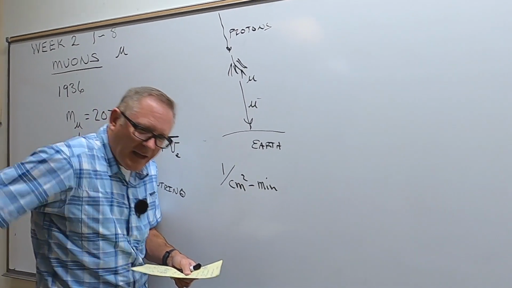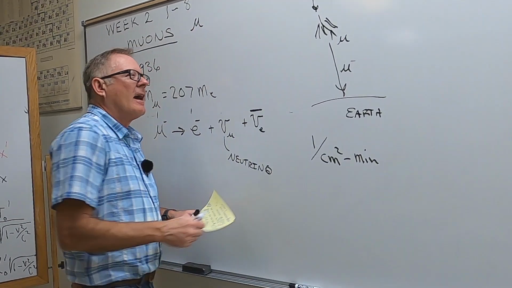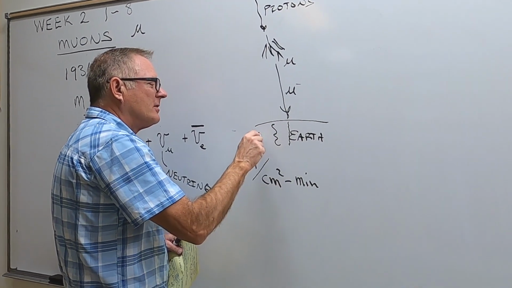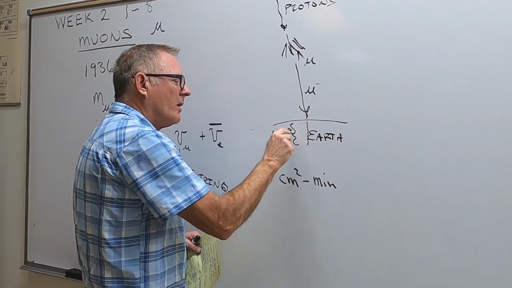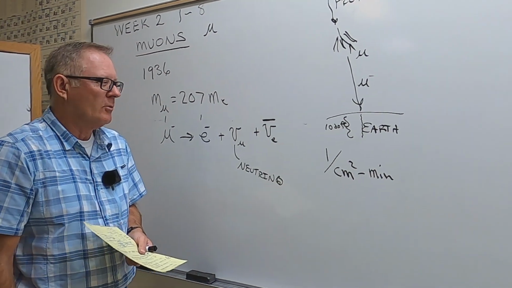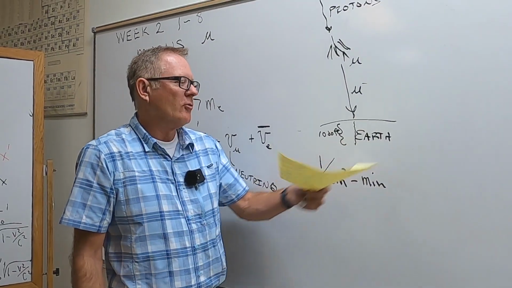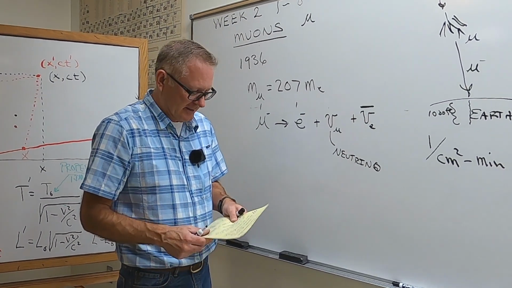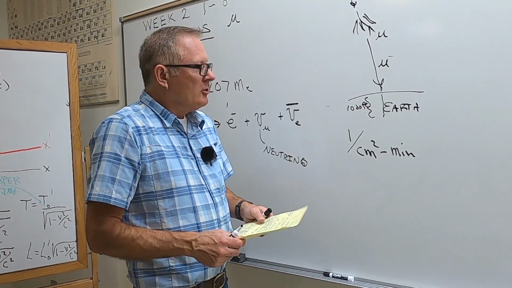They go right in, out the other end. When they hit the Earth, they go down maybe 1,000 feet. So if you want to get away from these muons, go down into a deep mine shaft about 1,000 feet and you're not getting hit by them anymore.